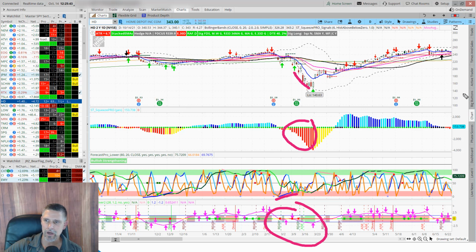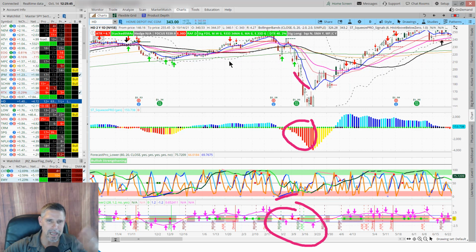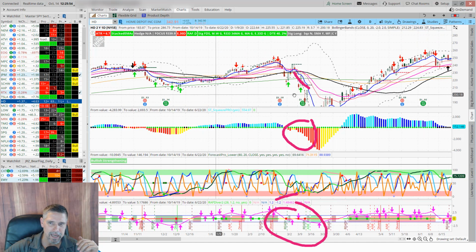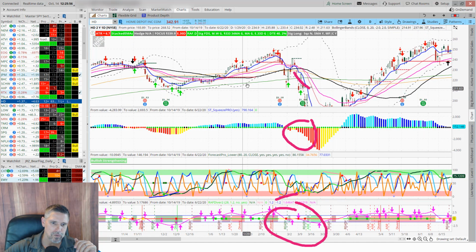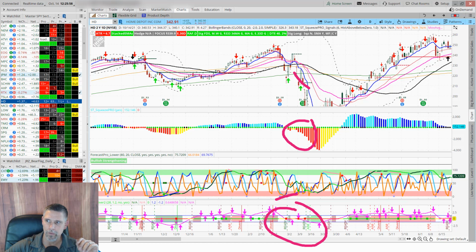Now, let me show you another one. And again, just remember the concepts right now. It's price is going down, lower lows, and then you're getting higher lows on the indicator. So let's go to, boom, this one's really clear on the Forecast Pro. So price is going down into an upsloping 200. Look at this.